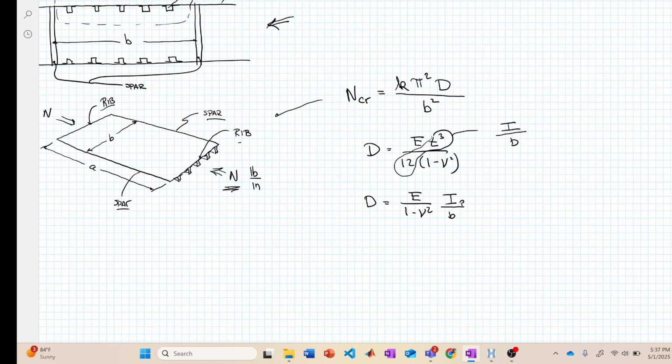B is the width of the plate, and this parameter K is equal to (A over B plus B over A, all times M, quantity squared), where M is the mode shape, the buckling mode.